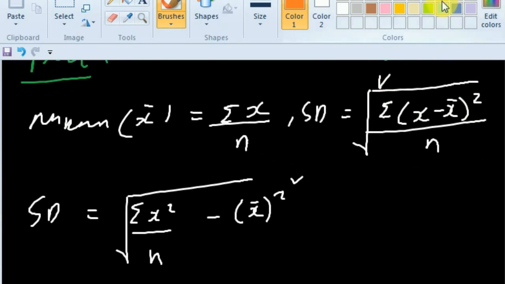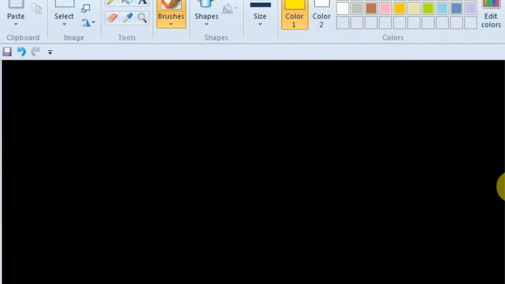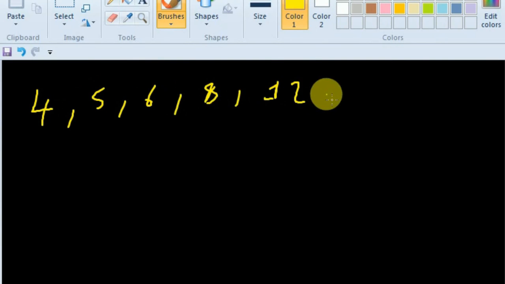So if you have been given information in this form, so you have been given 4, 5, 6, 8, and 12, and you have been told to calculate the standard deviation for this ungrouped data.